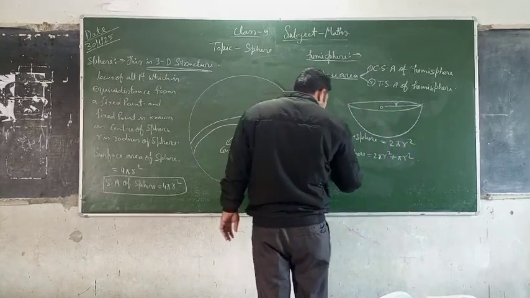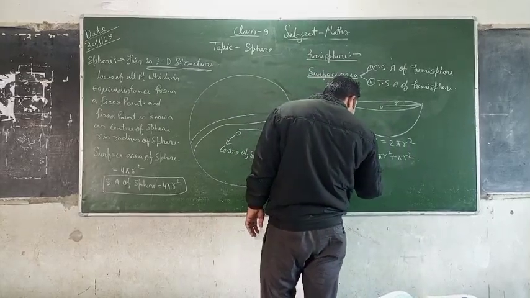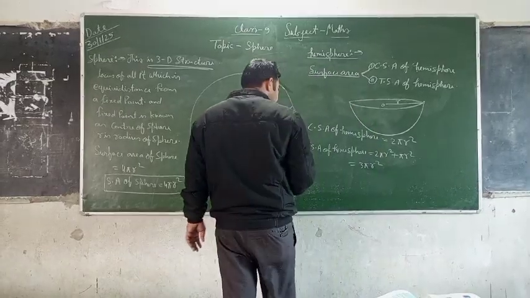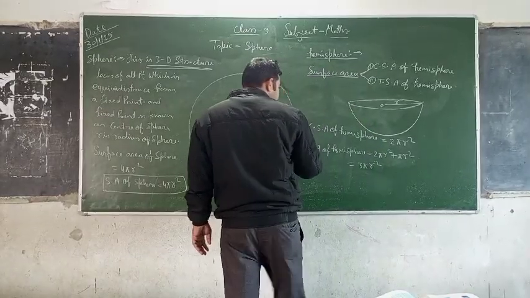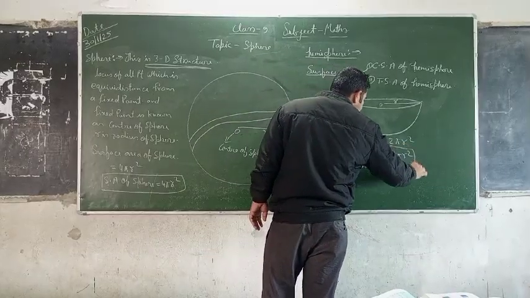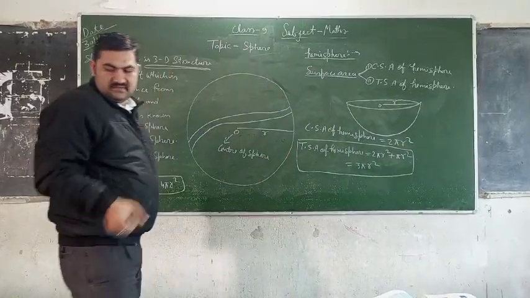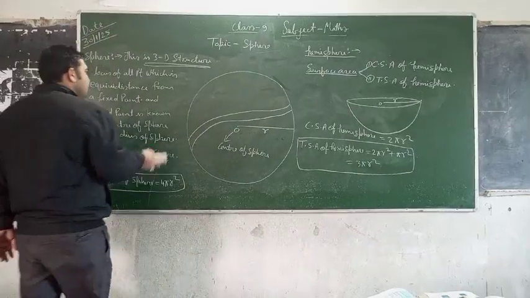So 2 pi r square plus pi r square is 3 pi r square. Then total surface area of hemisphere is 3 pi r square.